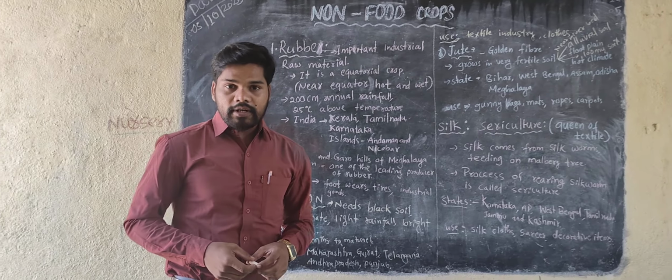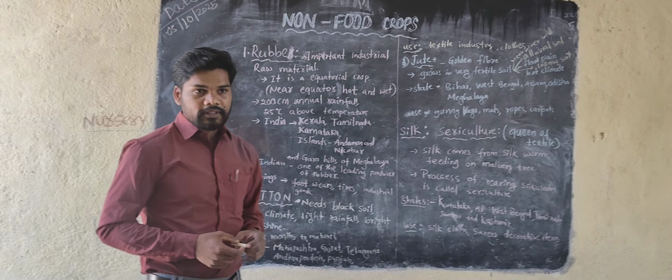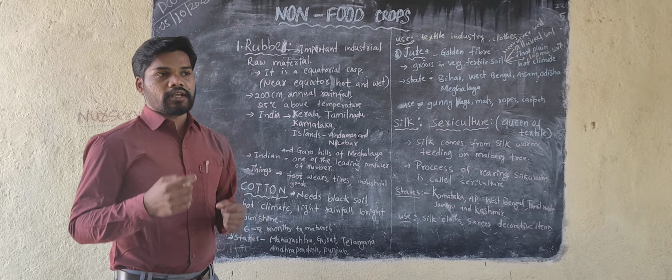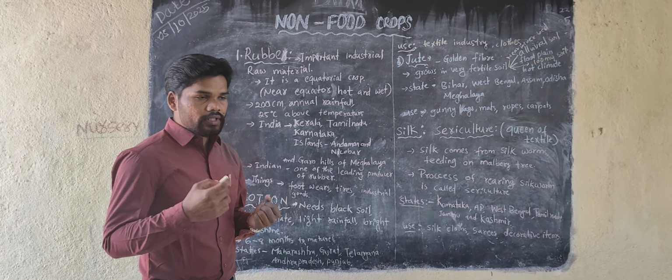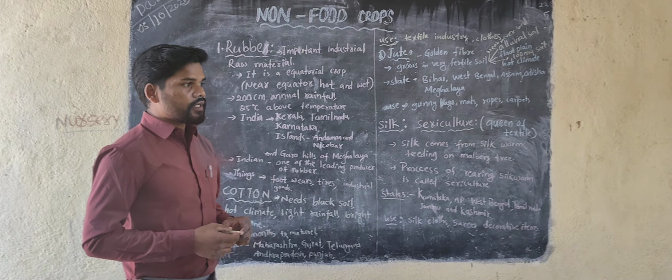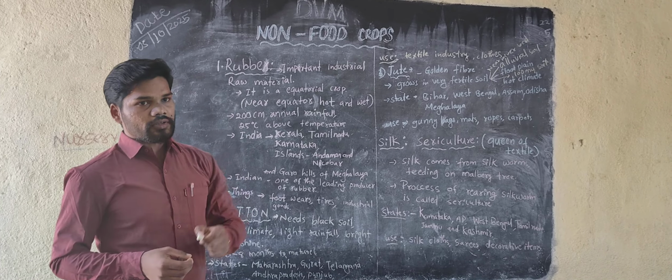Have you ever thought of these things, where do they come from? Now we will discuss from where they come. We see today they actually come from the non-food crops.